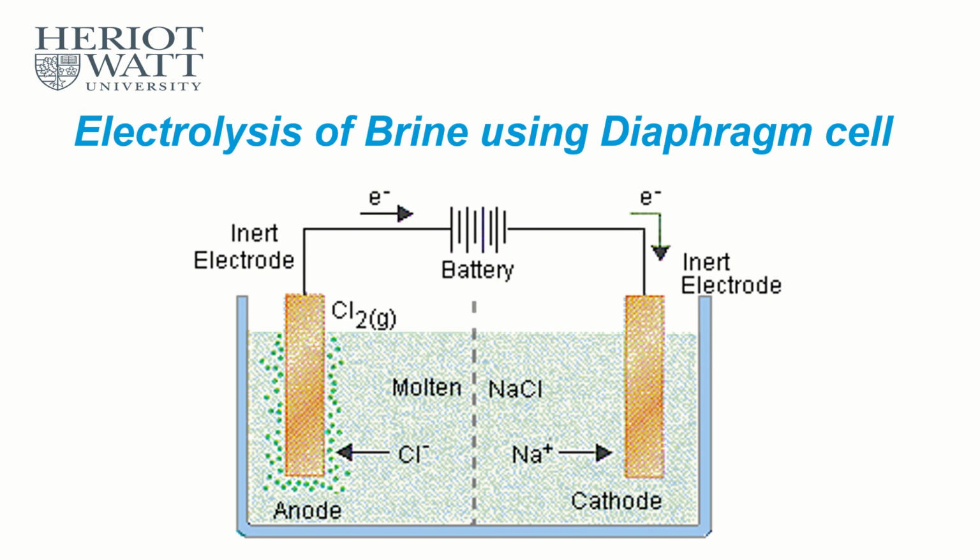Now, what you can see now is electrolysis of brine using a diaphragm cell. Okay, what is brine? Brine is usually concentrated salt solution. Sometimes in industry, they use it as aqueous, like dilute, and sometimes they use molten, and it depends on what you want. But the main purpose of this electrolysis of brine is actually to produce chlorine gas.